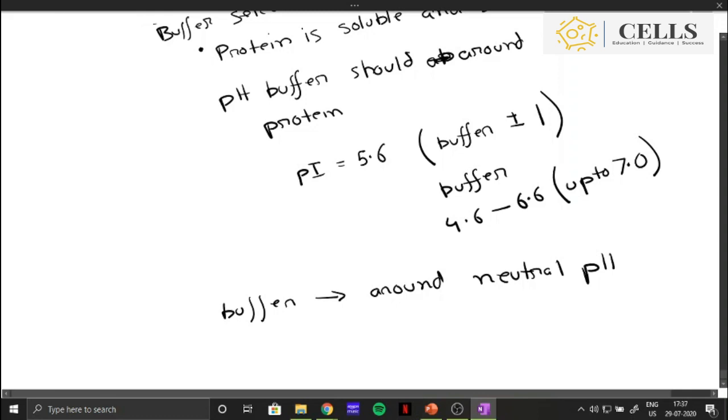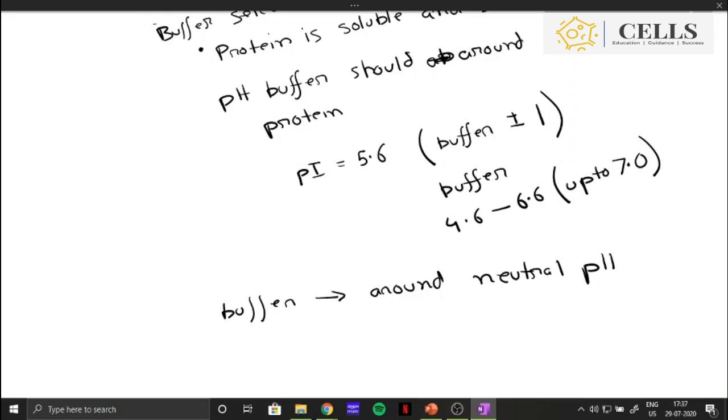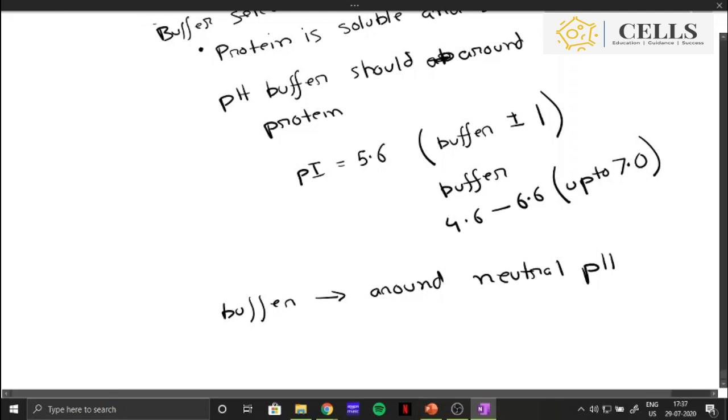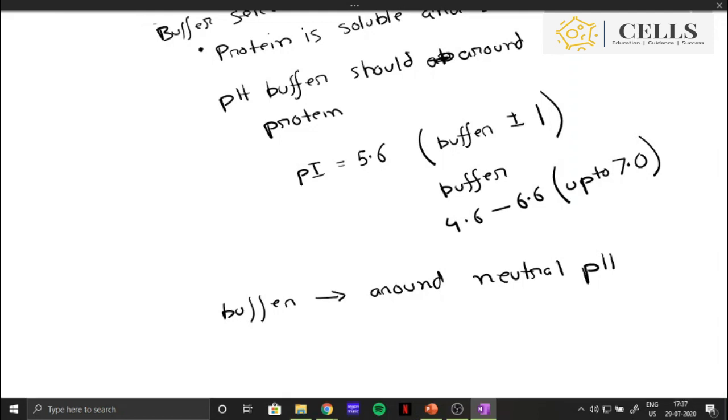These are the criteria: the protein should be stable and soluble in the buffer. The third criterion is that the buffer should be around neutral pH, like 6 to 8. That's why I said 6 to 8, because here most of the proteins are soluble, and most proteins have a pI of around 6 to 8 only. So you use buffer in that region.